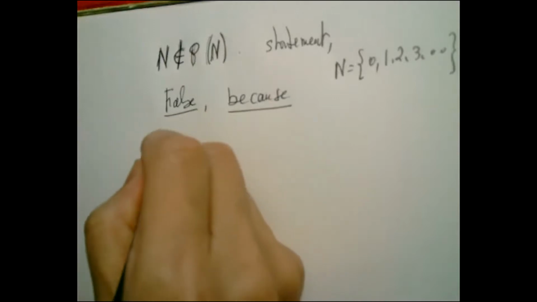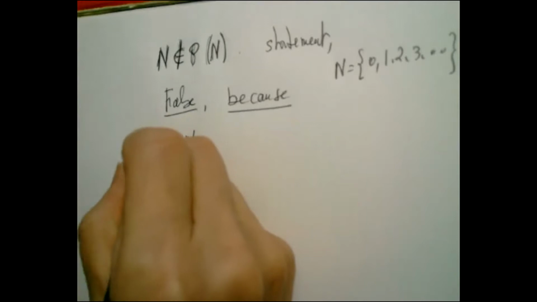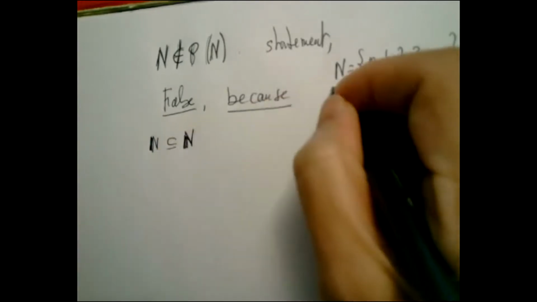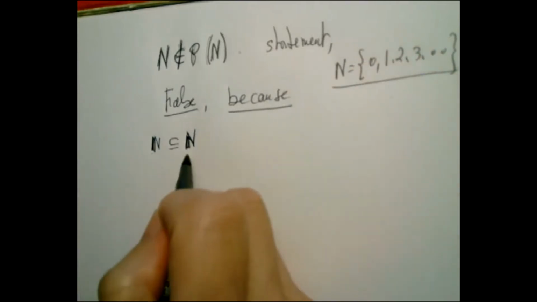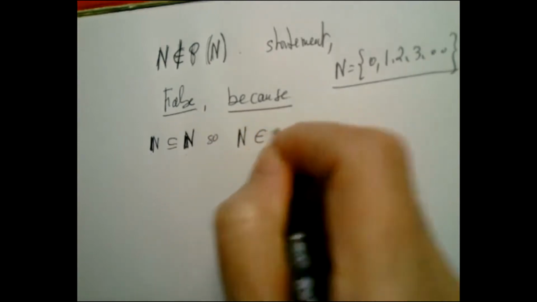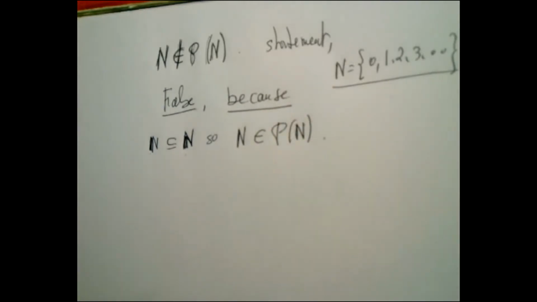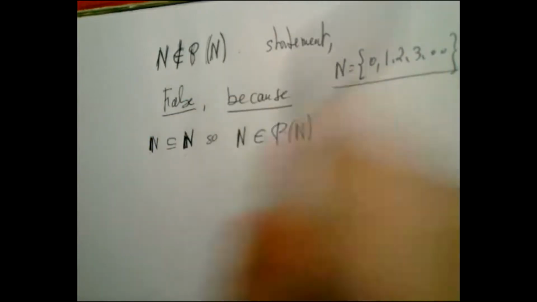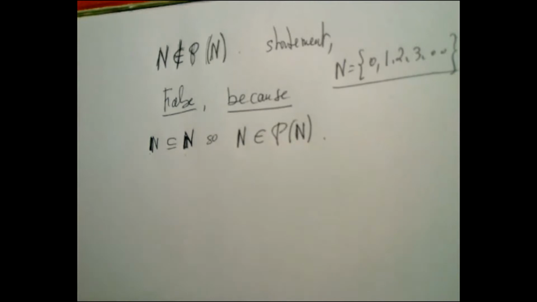False because N is a subset of N. Remember, N is a set. It's not a number. It's just a set, a collection of stuff. N is a subset of N. So N is an element of the power set of N. Okay, so N not in the power set of N is a false statement because N is a subset. So N is actually an element of the power set of N.